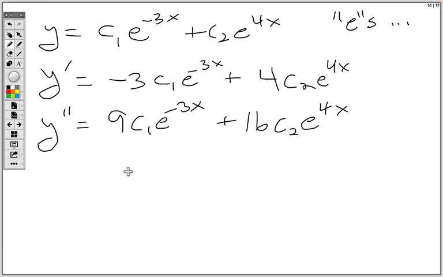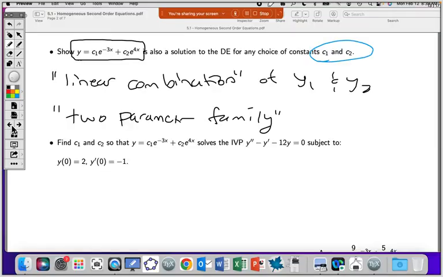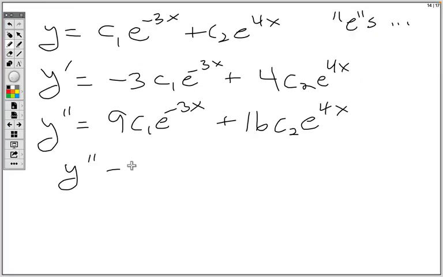All right. Now we stuff this in. y double prime minus y prime minus 12y. Is that going to equal 0? Let's find out.